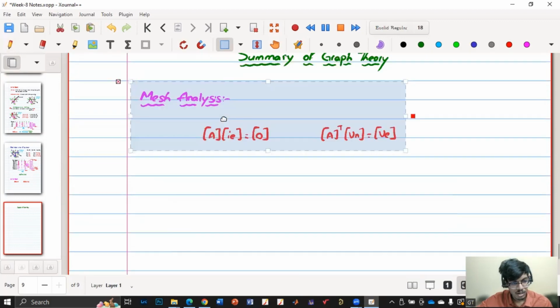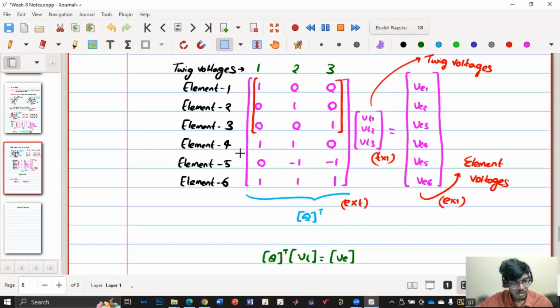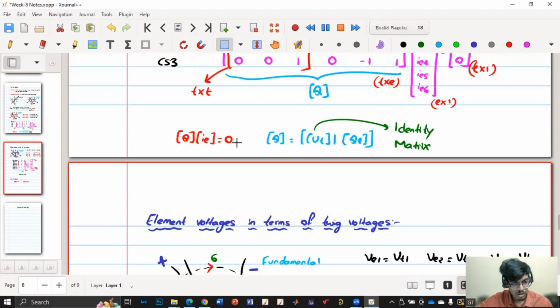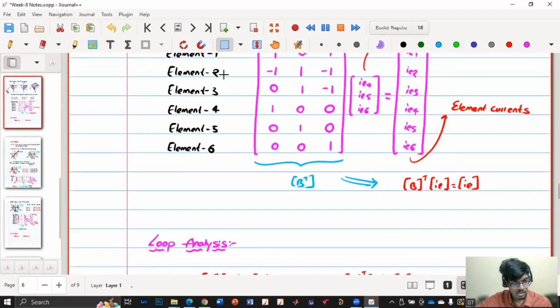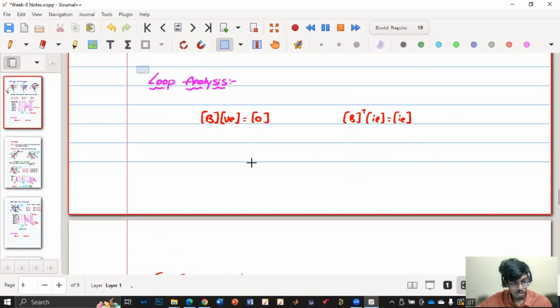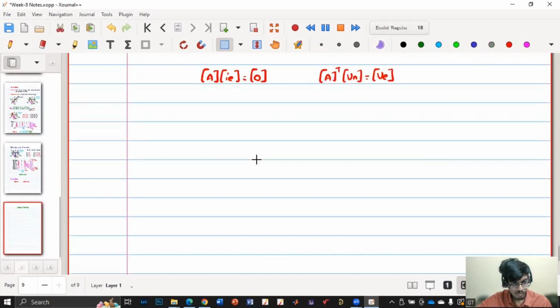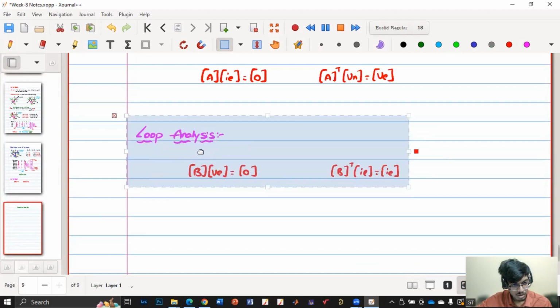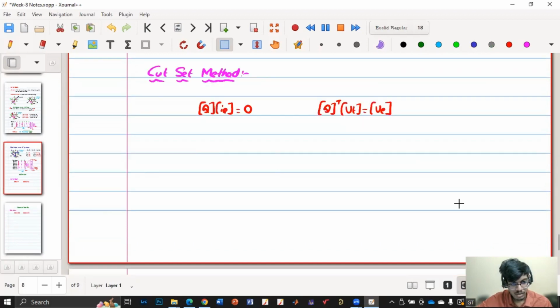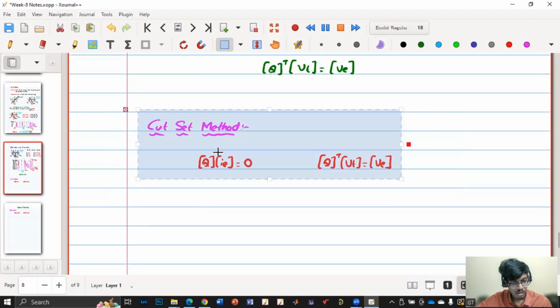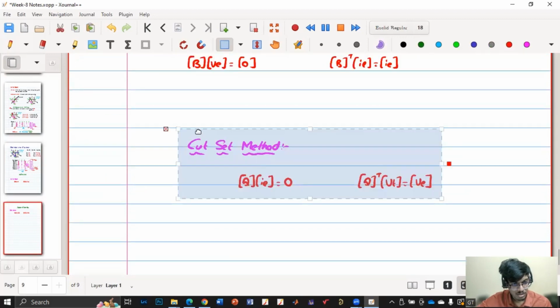First one is nodal analysis. The other one is loop analysis or mesh analysis. Last one is cut set method. So these are the equations.